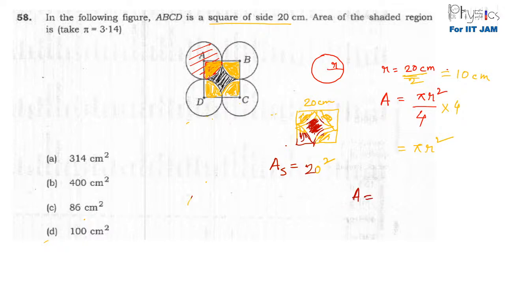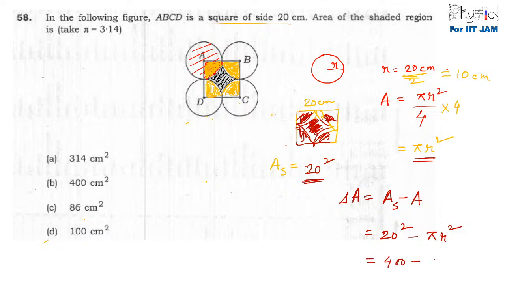So the value of this region, suppose this is delta A. Now delta A is equal to AS minus A. Now what is AS? AS is the area of the whole square, that is 20 square, minus A, that is pi r square, that means this area, right? So pi r square. Now this is equal to 400 minus, what is pi?